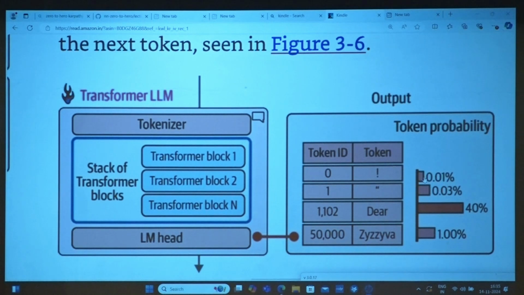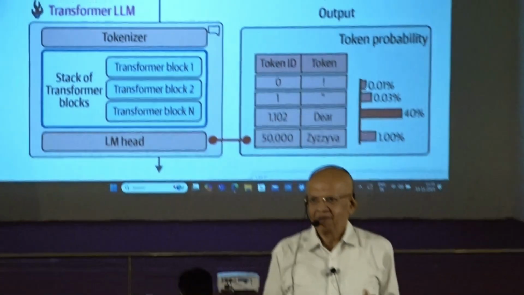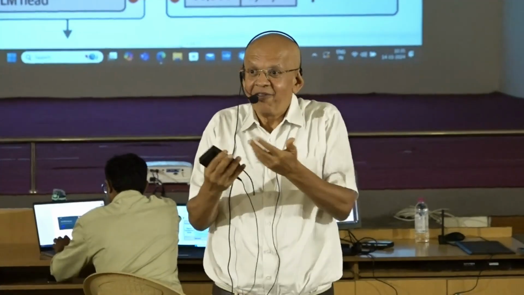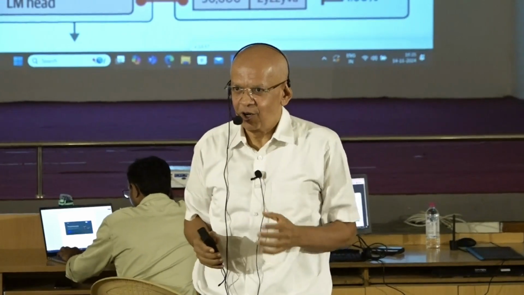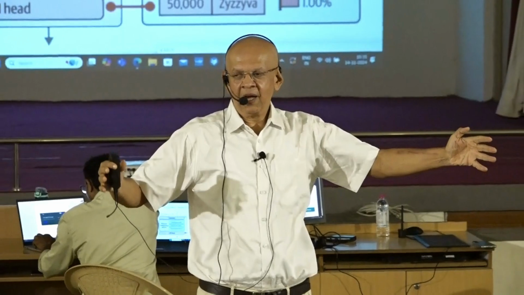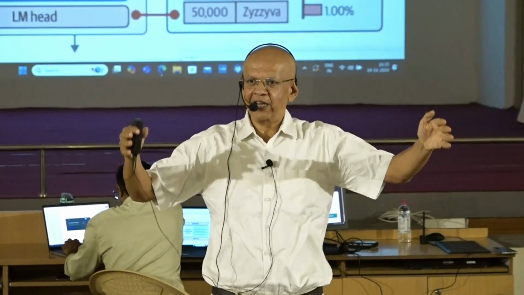Actually, the output will not be a single token, but think with me, it will be a probability distribution. I am repeating again, the output of the LLM, like we get a word, so we think it's a word or a token. No, it's a probability distribution. What does that probability distribution tell me?